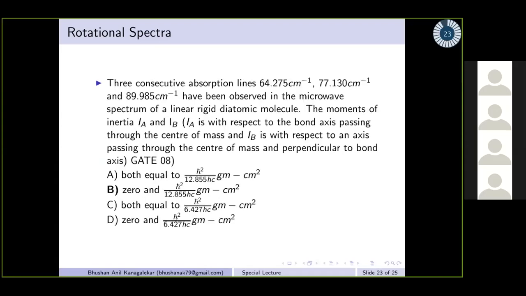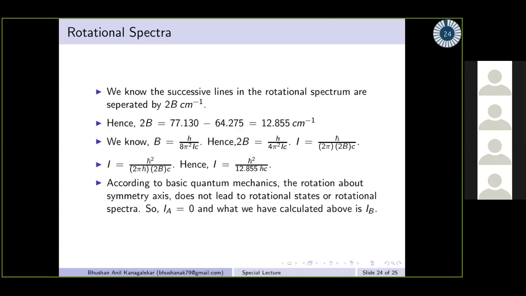Since it is in centimeter raised to minus 1, we get the moment of inertia in gram per centimeter square.